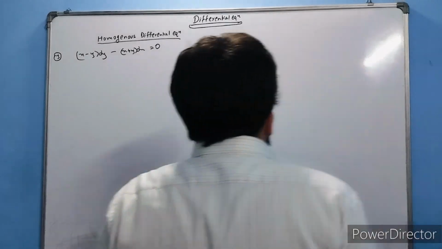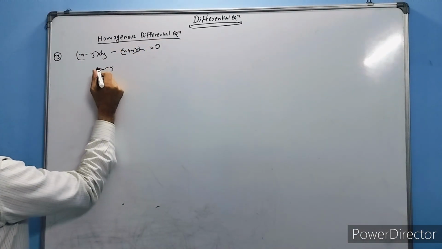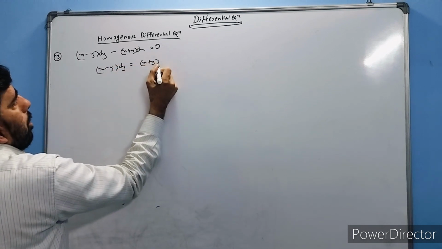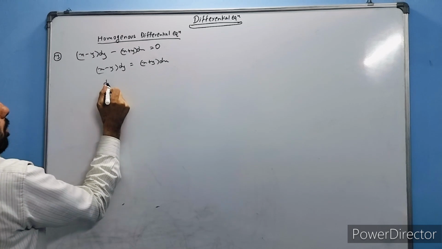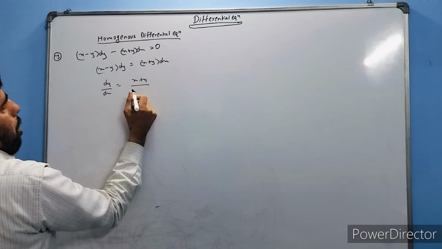So now let us try to solve. We'll take that side: x minus y dy is equal to x plus y dx. Now dy upon dx is equal to x plus y upon x minus y.